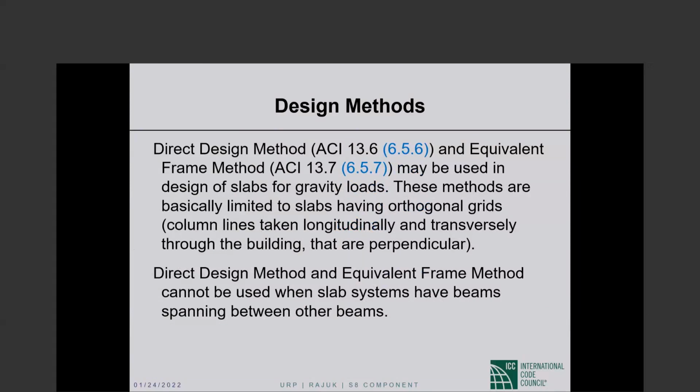The direct design method and the equivalent frame method. They have been in the code for a long time until they were removed from the code in ACI 318-19. For quite a while, many 318 members have been saying this is textbook material, doesn't belong in the code and so forth, so it is gone.